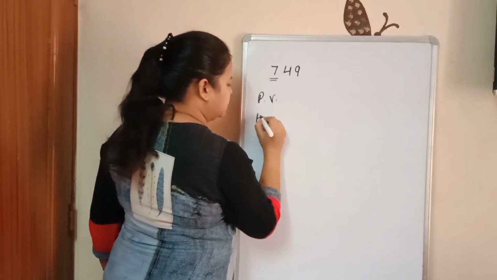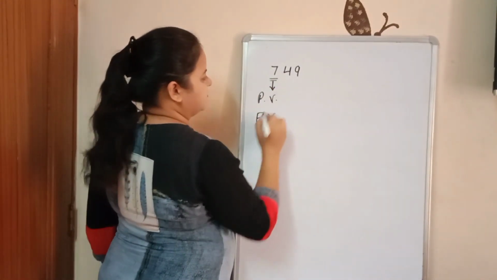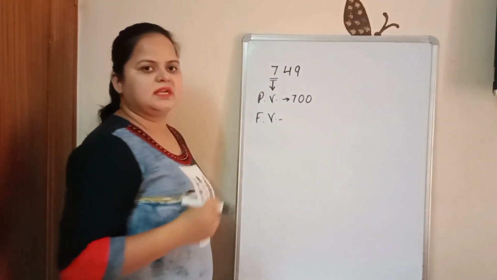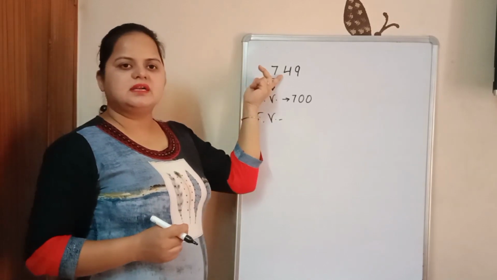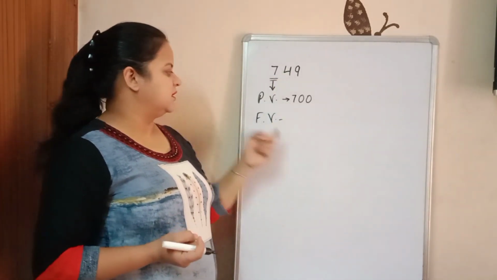Place value of 7 is 700 because it is placed on the hundreds place. So the place value of 7 is 700.